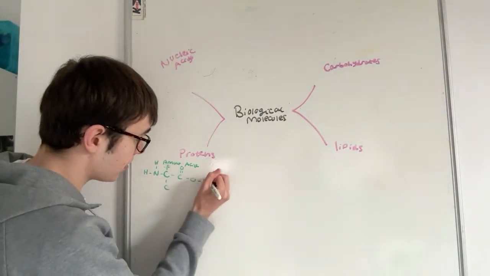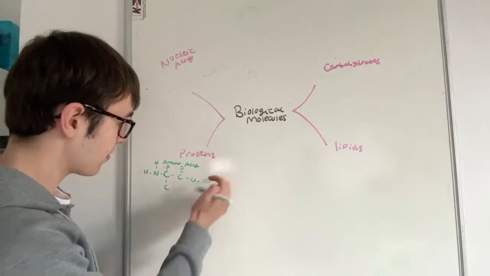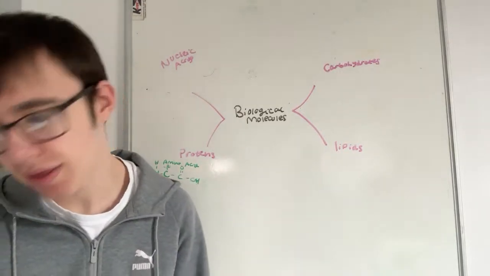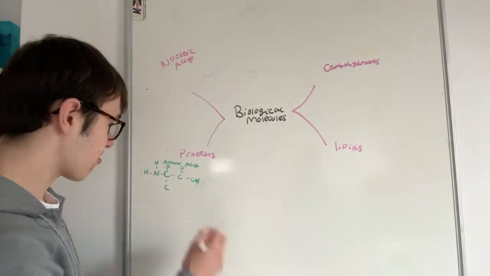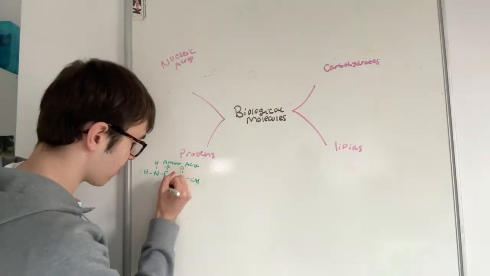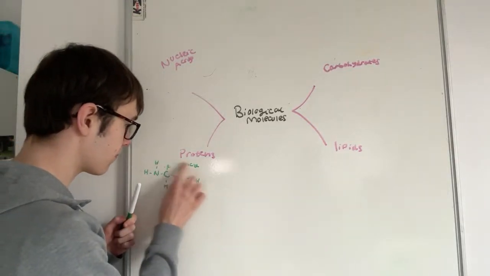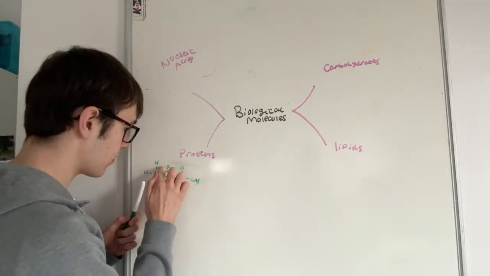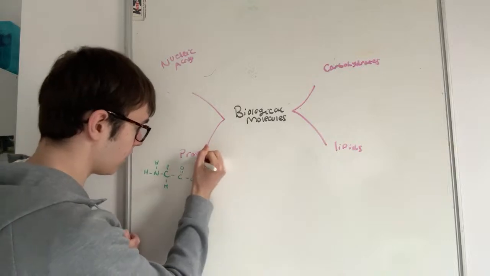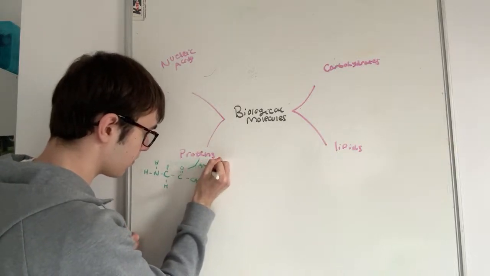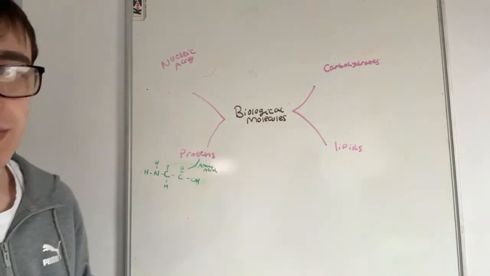C O and then H. Okay. Oh, because it's a carboxyl, COOH. Okay. Why didn't I remember that? And the side chain, which is that. Okay, so that's an amino acid. That is the amino acid.